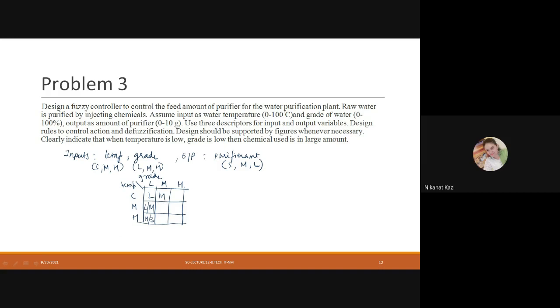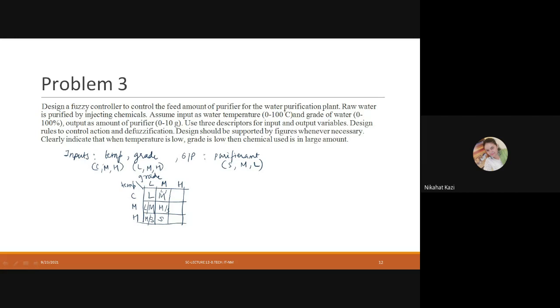So that amount will reduce now. M or L, can have L here. Then what about this? We are going column wise. We are increasing the temperature. Okay, this is dependent on the temperature, keeping grade as constant. Okay, so what will you have here again? M or S. M or S. Okay, and then finally S.